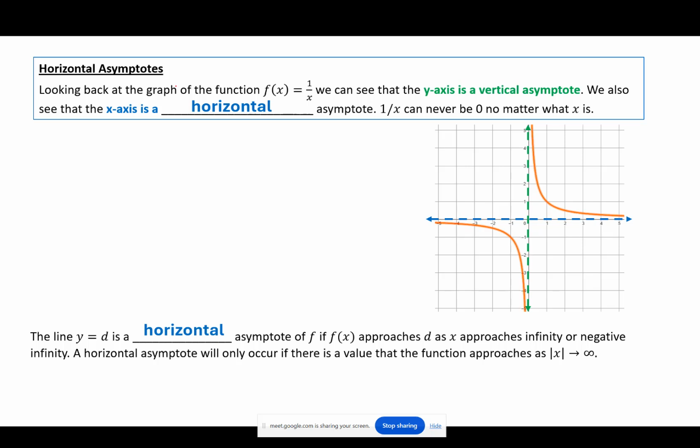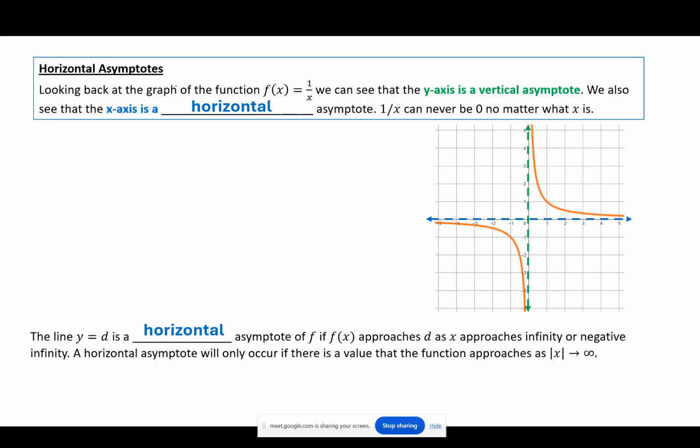So a horizontal asymptote will only occur if there is a value that the function approaches as the absolute value of x approaches infinity. I can't say that the function will never have that value, because you'll see that sometimes it can cross the horizontal asymptote.